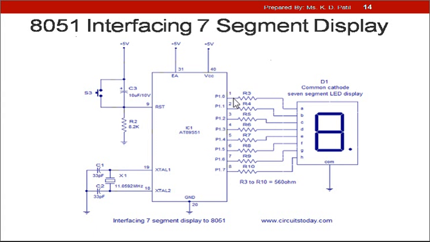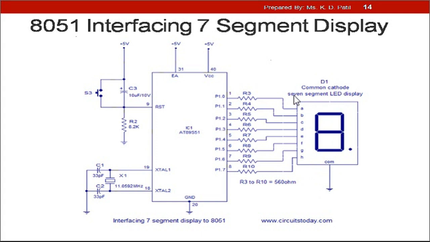Here port 1 is used for the interfacing. So these 8 pins of port 1, from P1.0 to P1.7, are connected to the 8 segments of the 7 segment display, that is A, B, C, D, E, F, G and H.